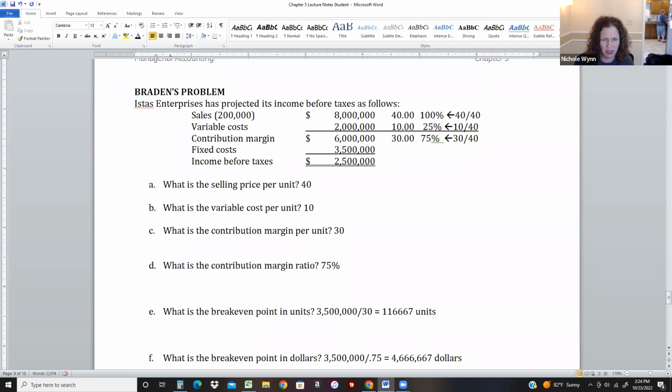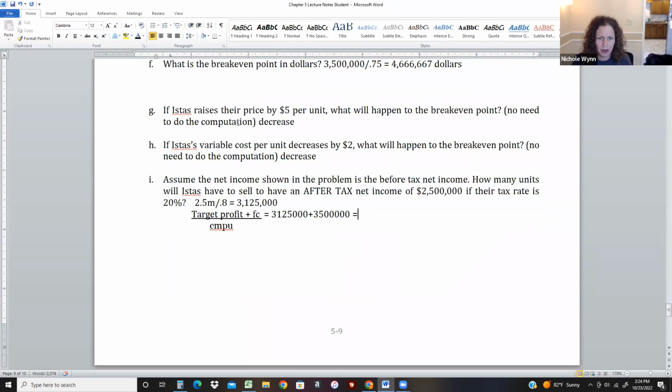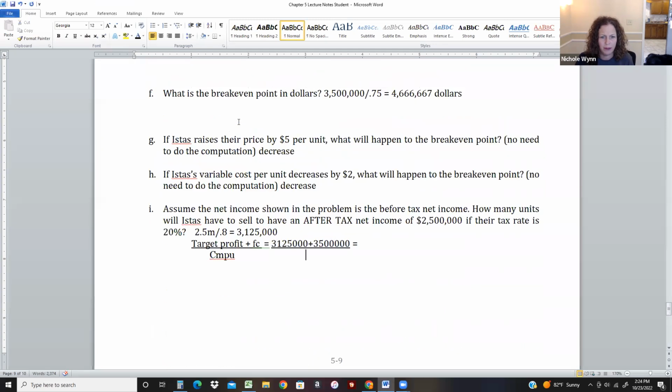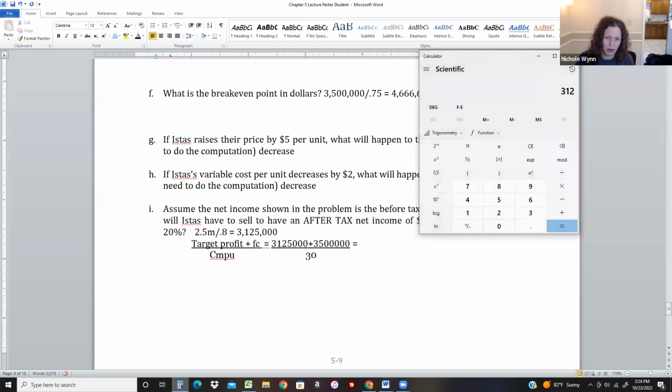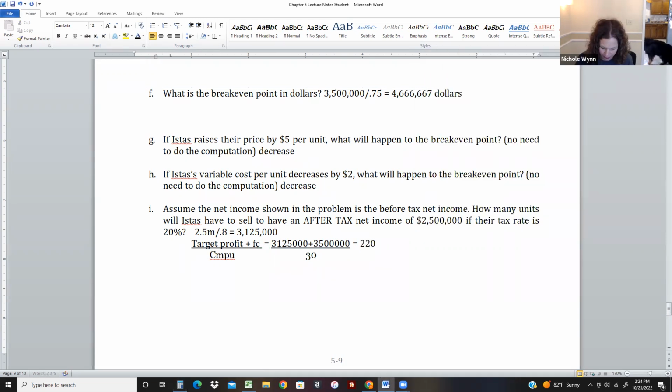Well, not really the fixed cost, it's a lot of fixed costs. Okay. And then I'm going to divide by the CMPU. And the CMPU in this problem was 30. So 3,125,000 plus 3,500,000 divided by 30. It looks like 228.34.